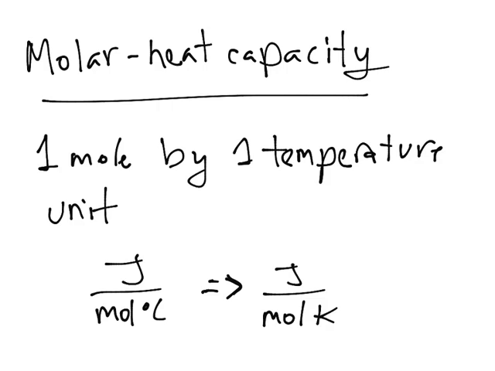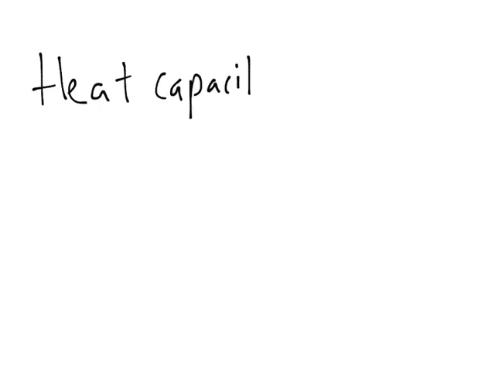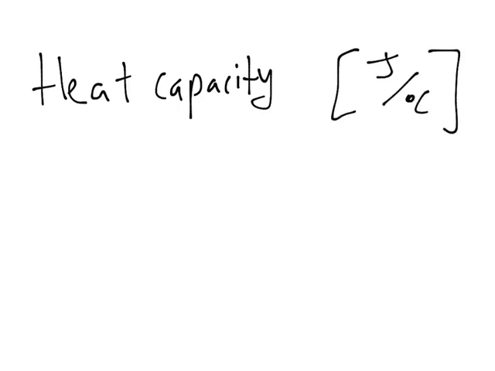Now, one thing I forgot to mention is that heat capacity, just by itself, has units of joules per degree Celsius or Kelvin. So if they give you the specific heat capacity or molar heat capacity of something and they ask you to find the normal heat capacity, just the heat capacity, you can just obtain it by using this formula.